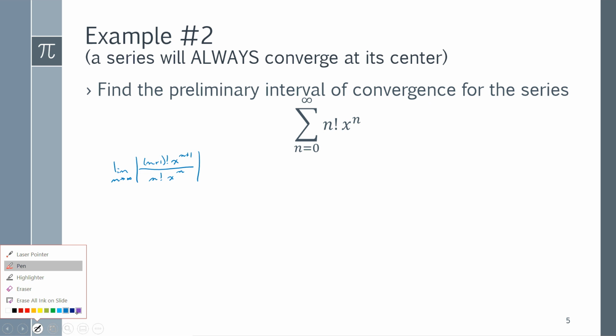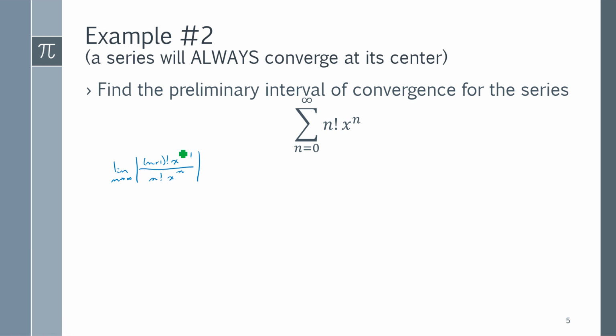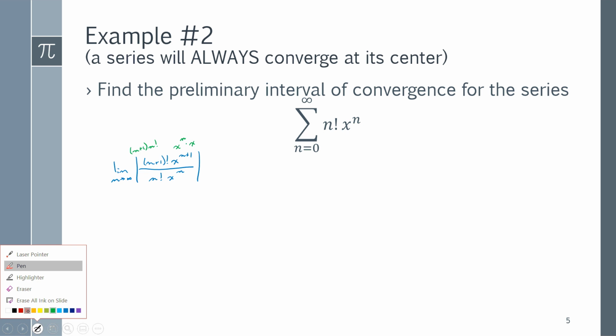Well, I already talked about the fact that x to the n plus 1 is the same as x to the n times x to the first. But n plus 1 factorial is n plus 1 times n factorial. So I can now do some canceling here.